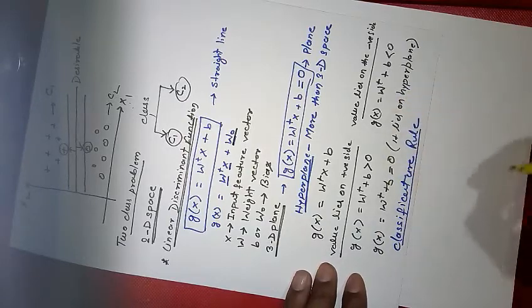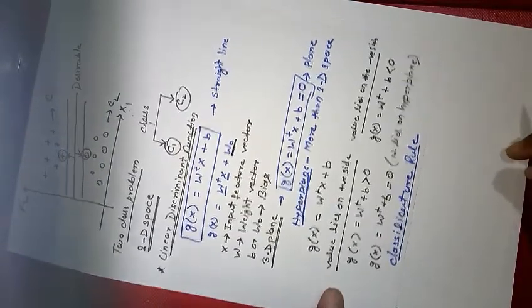So now first we have to train the classifier for the classification rule. So how is the training done? Now we know the equation, g of x equals w transpose x plus b. What is w and what is b?